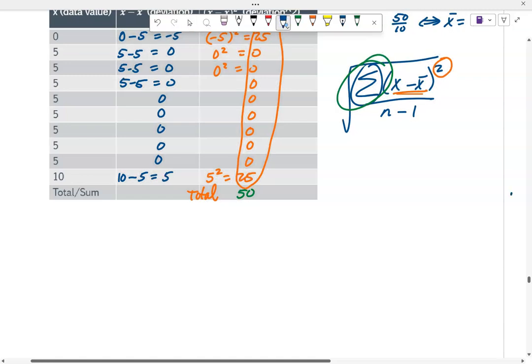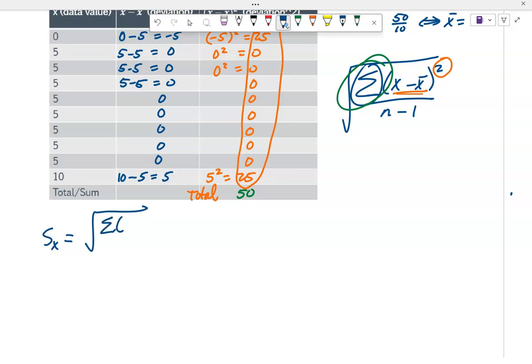The standard deviation for a sample is the square root of the sum of the deviations squared over n minus 1. We just summed all those deviations squared, so we got 50.